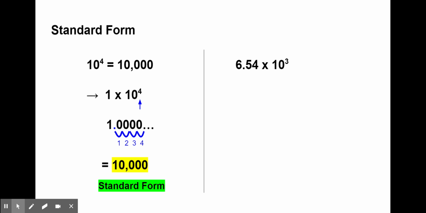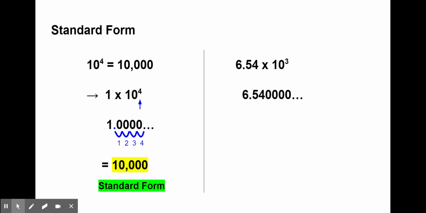We have 6.54 times 10 to the 3rd power. So again, I'm going to take my 6.54. But remember, it's 6.54, 0, 0, 0, 0, 0, and those zeros go out into infinity. But again, those zeros are repetitive, so we only write it as 6.54 in our scientific notation. That's the first thing I gave you, 6.54 times 10 to the 3rd. We'll talk about that later.